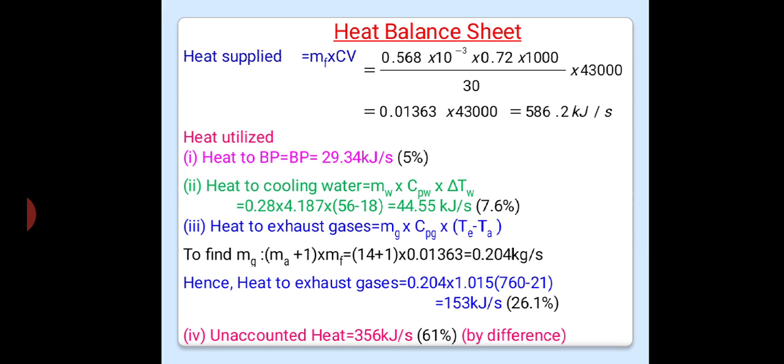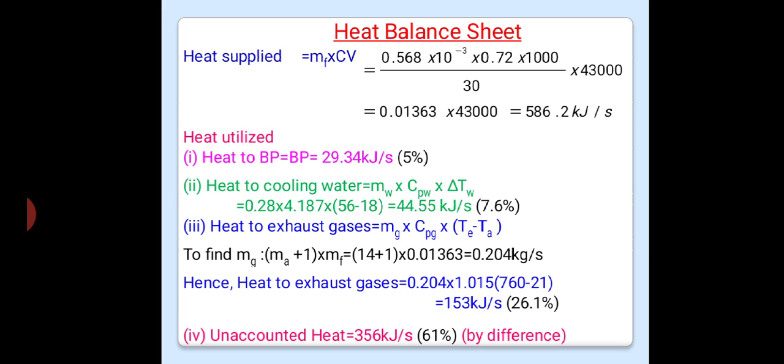Having the mass of fuel consumed and the calorific value of 43,000, we got heat supplied equal to 586.2 kilojoule per second. Brake power we calculated initially is 29.34 kilojoule per second.